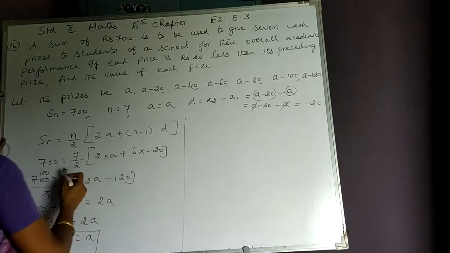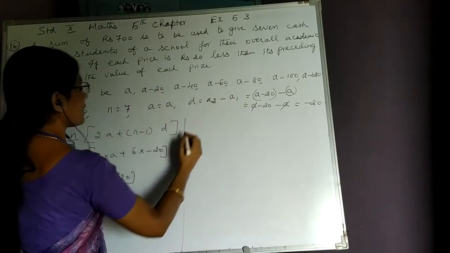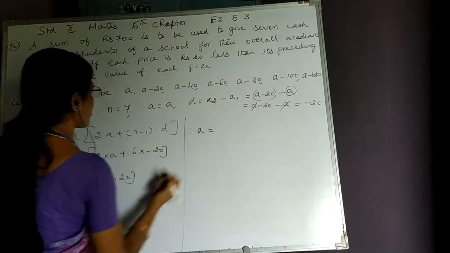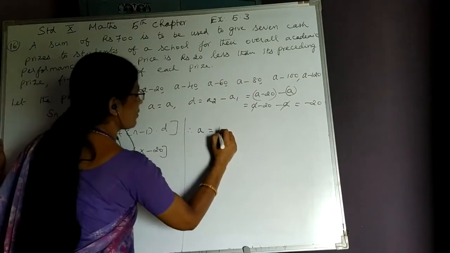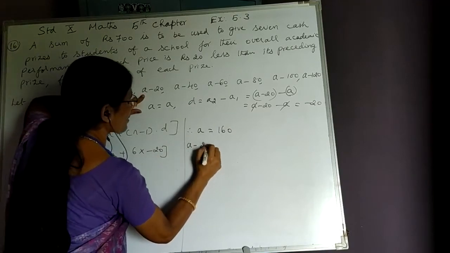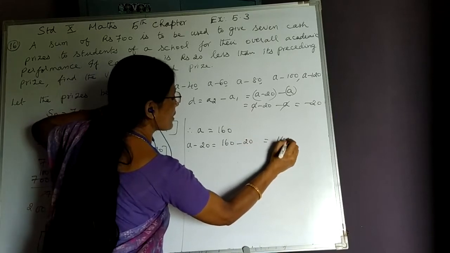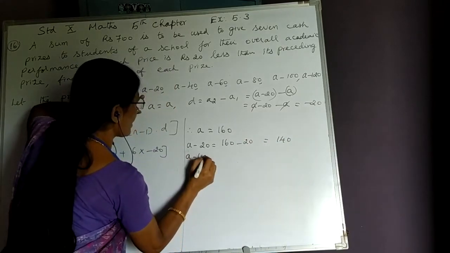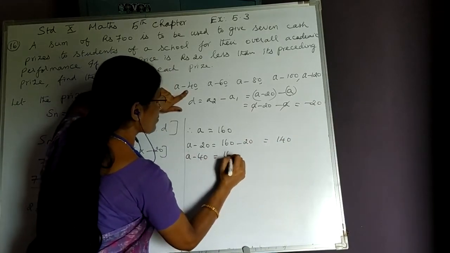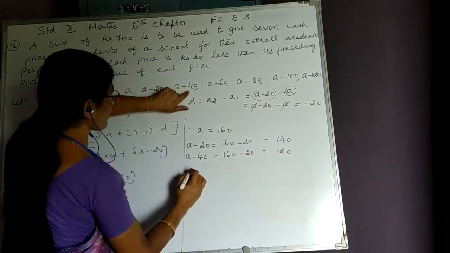We are asked to find the values of A minus 20 and so on, these prizes. Therefore, first I will find out A. What is the value of A? 160. The second prize is A minus 20, 160 minus 20, which is equal to 140. Then A minus 40, which is 160 minus 40, 120.